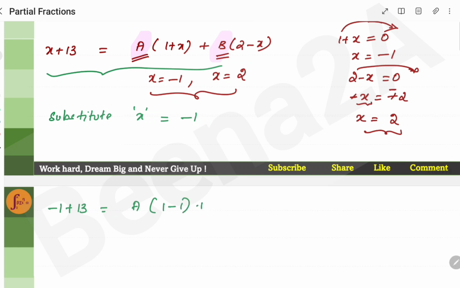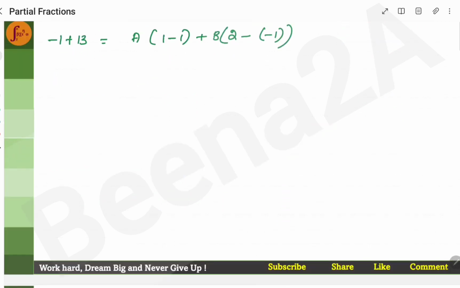Minus 1, plus B into 2 minus x, x is minus 1. So I'll get 13 minus 1 is 12, equals A into 0 plus 2 minus and minus is plus, 2 plus 1 is 3, 3B. Which means B is equal to 12 by 3, which means B is equal to 4. So we got the value of B.